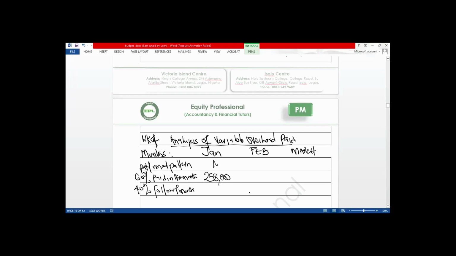What is the following month after January? February. Please compute 40% of 430,000: 172,000. This will be paid in February. This is January overhead. 60% paid in January, 40% paid following month.